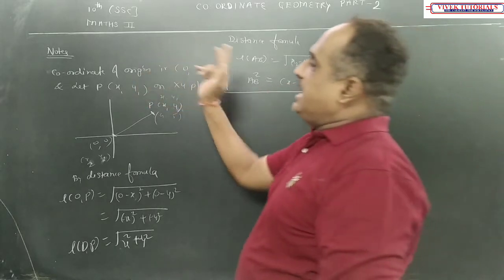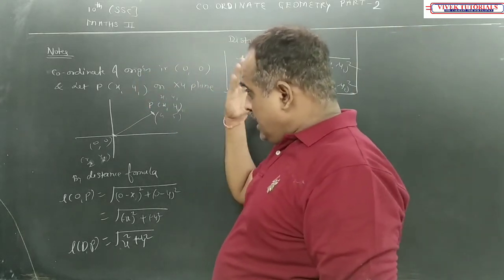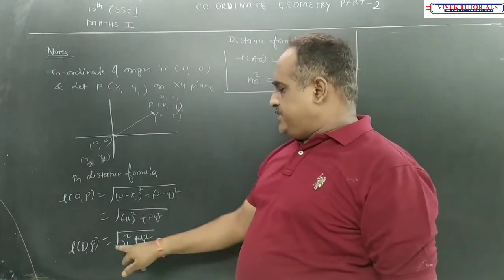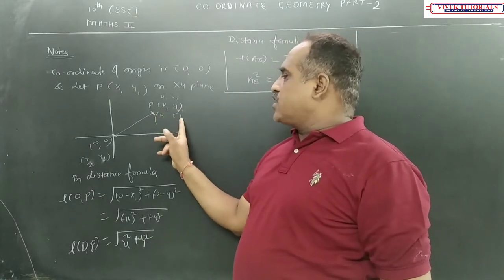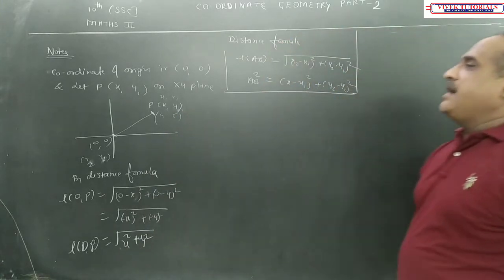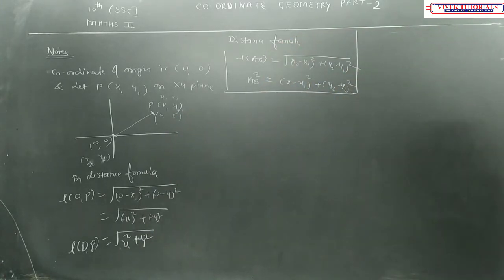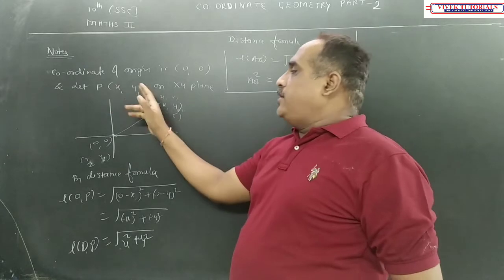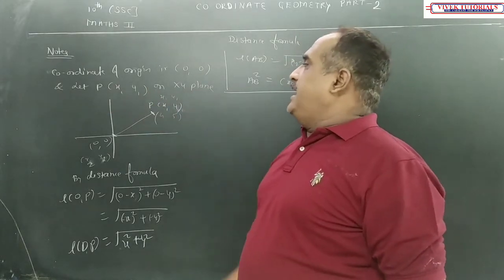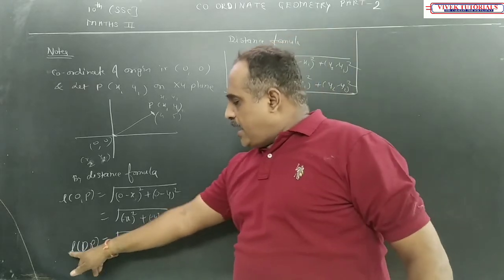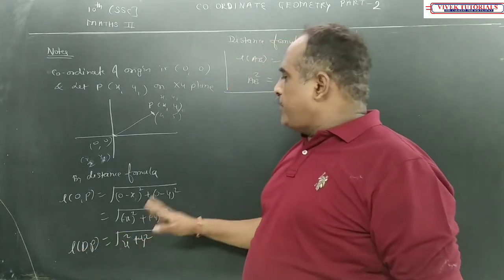If they give any point in an xy plane and ask the distance from the origin, then if xy is the coordinate, you have to put x square plus y square. This will be useful in your MCQs, so you have to remember this. Two things: if they give any point in a plane and ask the distance from the origin, you apply distance OP is equal to root of x square plus y square.